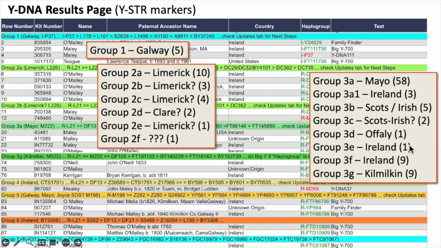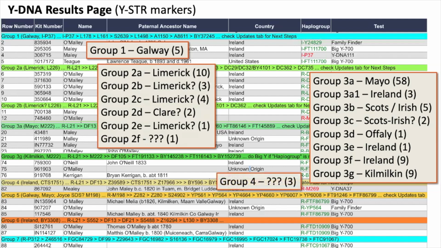Some of them have only one person in them, but some of them are quite substantial, like the Kilmilkin group of Group 3G, and Group 3F is an interesting one because that needs to be reevaluated with recent evidence that has come through, which means that they're not related to each other as closely as we thought that they were.